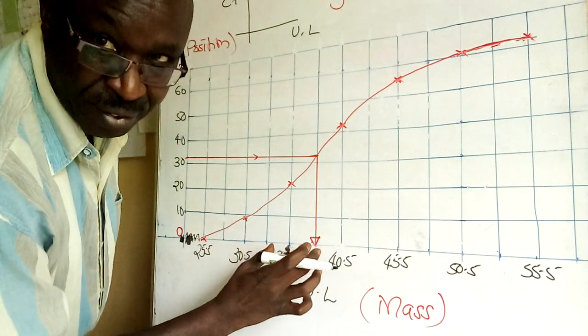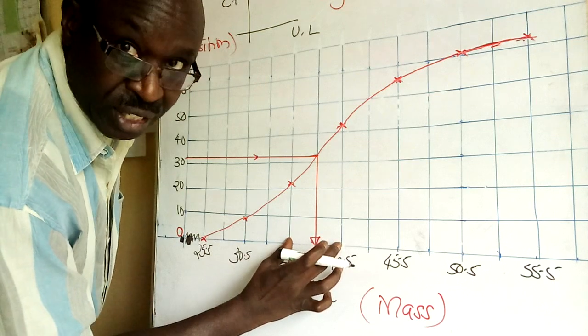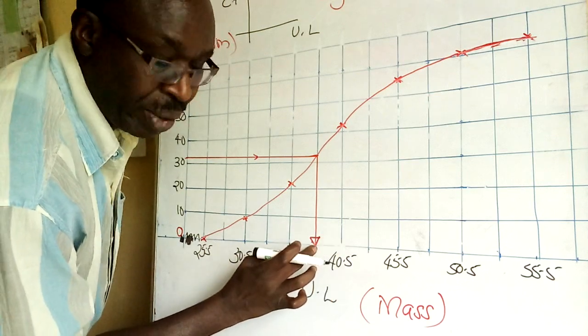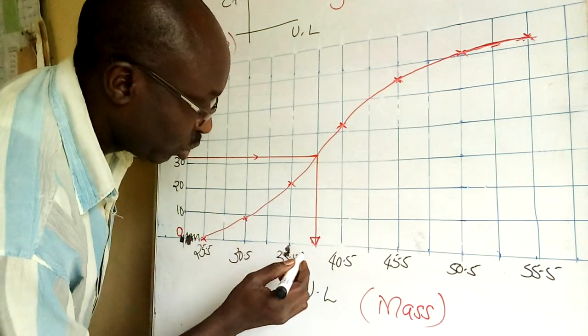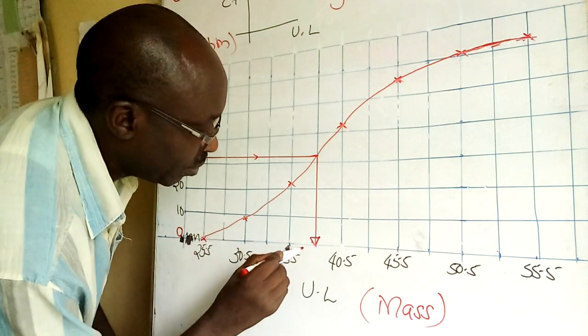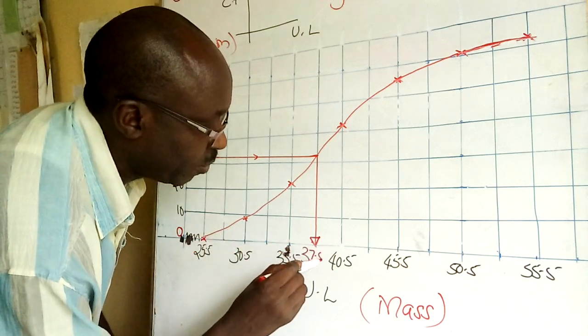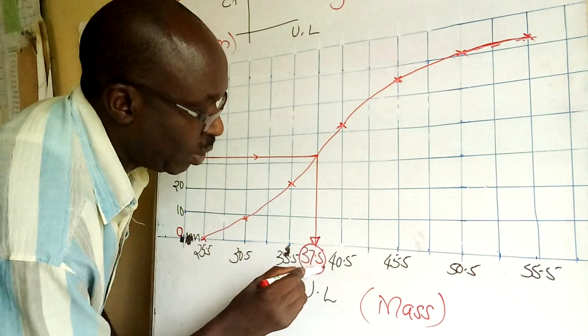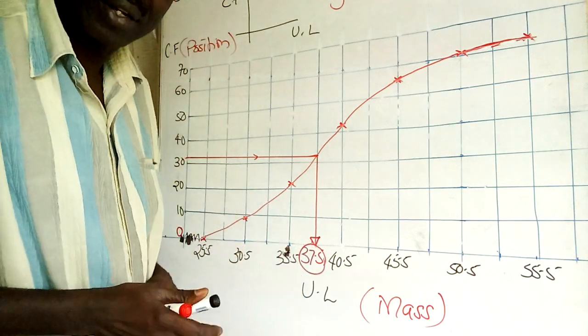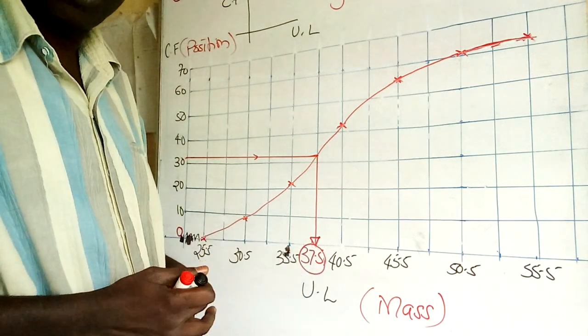This is 5. Okay, 5 is this gap. Now the middle of 5 is 2.5. So I can write in red 37.5. So that is our median. Okay, that is our median mass.